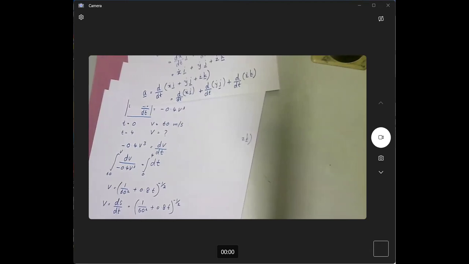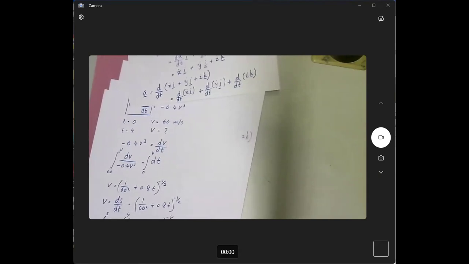So we have ds as v dt. We can integrate to find the solution. s will be from 0 to s, t is from 0 to 4, and then we can calculate.